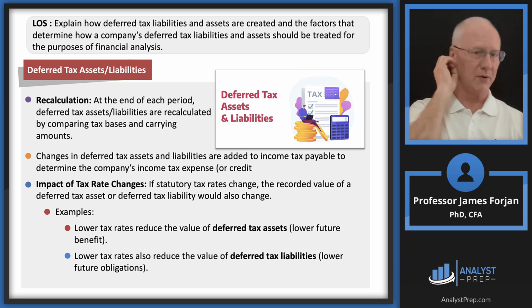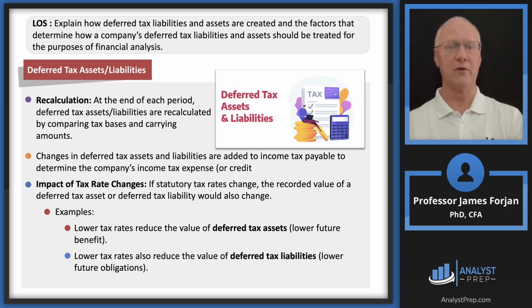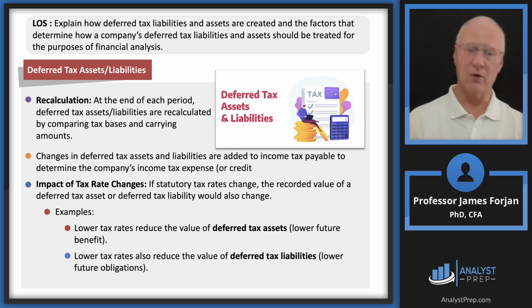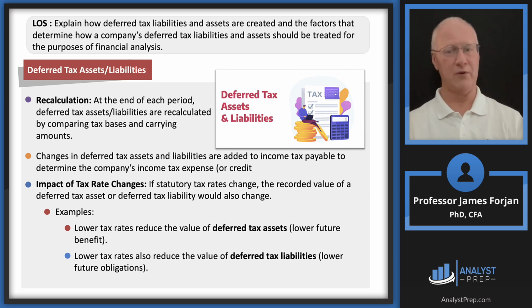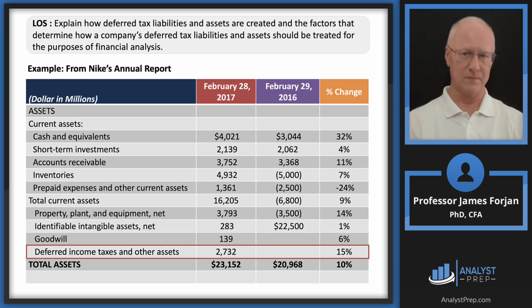Maybe one grows at 10%, maybe one grows at 4%. I have an example here in just a little bit. Look down at the bottom. This is one of those great exam questions where the Institute could just give you a comment or a concluding statement or a remark. Lower tax rates reduce the value of deferred tax assets. Lower tax rates also reduce the value of deferred tax liabilities. So just remember those definitions. That might show up on the exam.